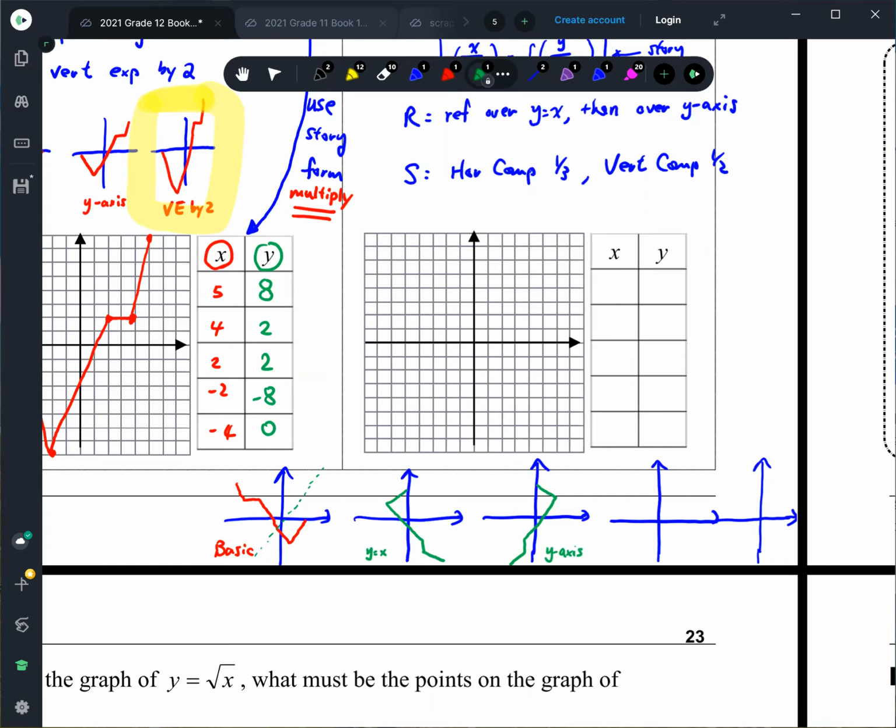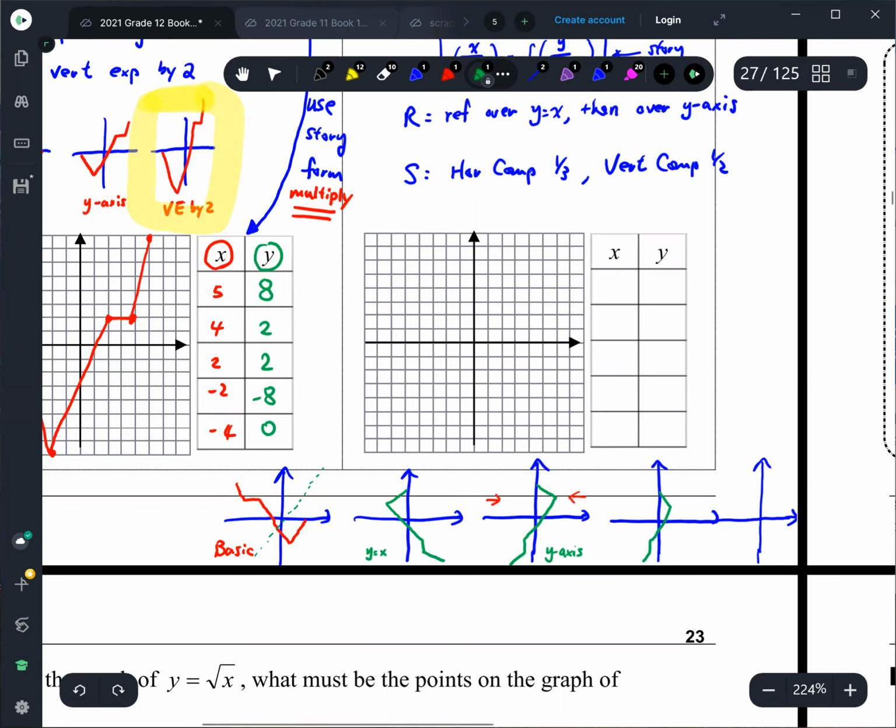And then we have horizontal compression. We're pushing the graph horizontally, so it should become skinnier. Still the same height, but skinny. So this is horizontal compression.